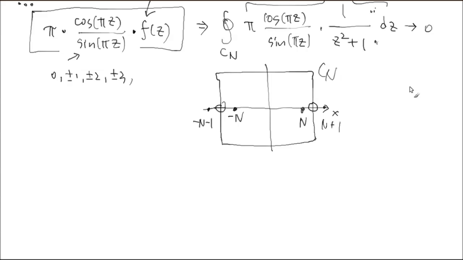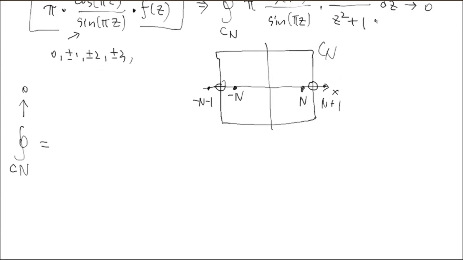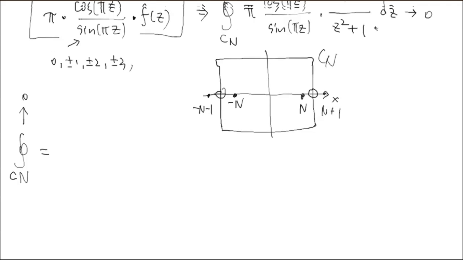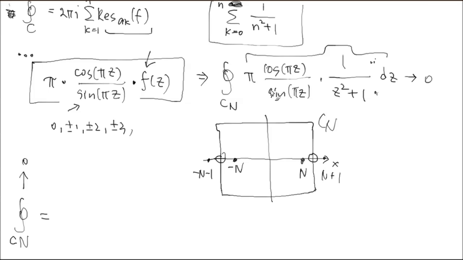So what happens is that this Cn thing is eventually going to approach 0, right? There are these poles and 2 other poles, all right?